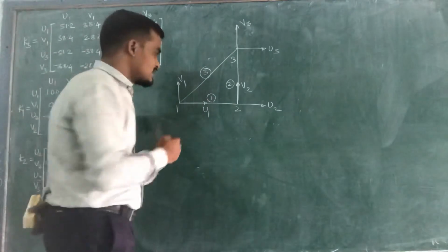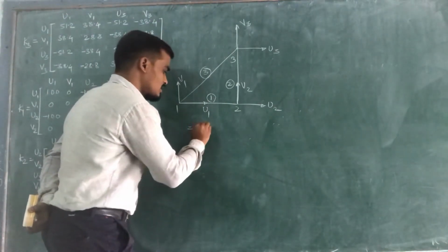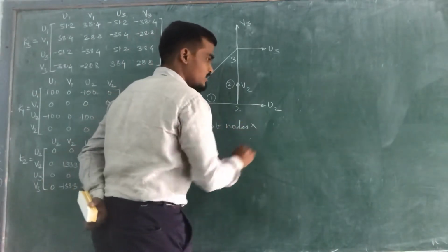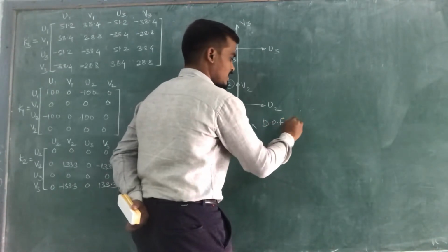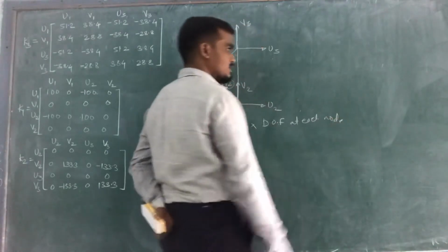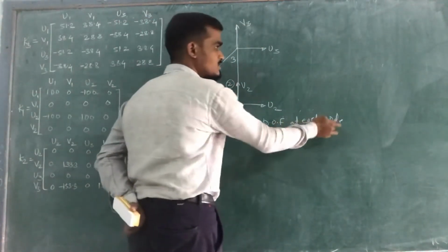To decide the order, we have a formula. So what is this formula? Number of nodes into degrees of freedom at each node. So we know this formula. N is equal to number of nodes into degrees of freedom at each node.